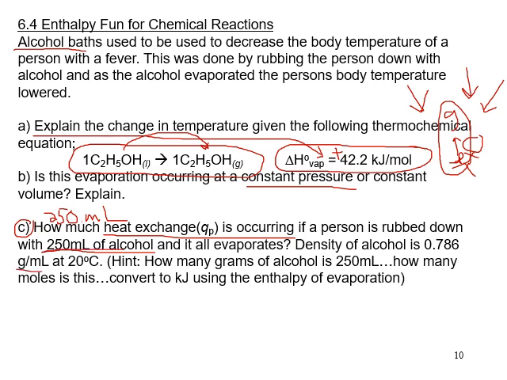If you have a density and a volume, you can determine grams. So you can go from volume using density to grams, and then from grams to moles, and then from moles to kilojoules using this value, because remember, that's kilojoules per mole. If you know how many moles were evaporated, you can know how many kilojoules were stolen from the person's reservoir of their body.